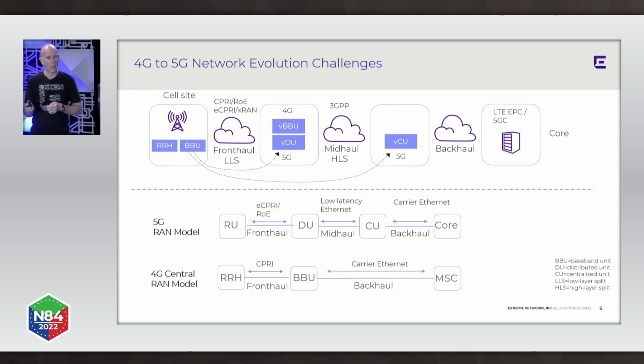And then on the fronthaul side, you start to move into a packet-based infrastructure due to the fact that you have eCPRI running, which we heard is a packet-based technology, as well as the radio over Ethernet there.